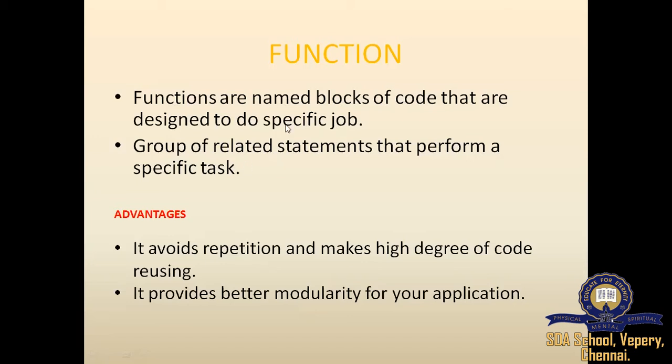You all know how blocks are created in Dev C++. There we have an open curly brace and closing curly brace to indicate the beginning and end of the block. Whereas in Python, we do not use curly braces, but we use indentation. Spacing is called blocks in Python functions. Okay.